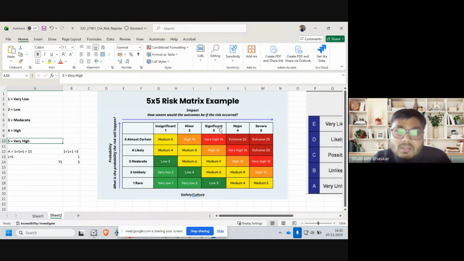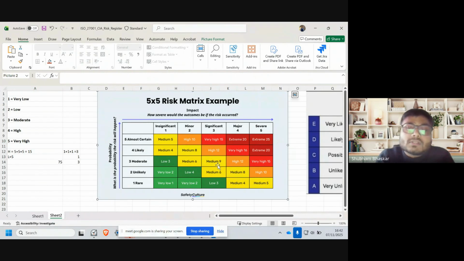So here, if you calculate this, the likelihood is 3, and the impact is significant. You can see this is a medium risk, and the risk score is 9. So that's how you come up with a risk score. You can come up with a risk score saying that the risk is high, the risk is medium, or you can put a number and come to it.